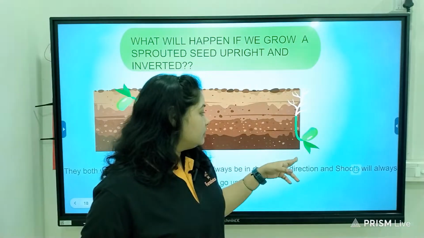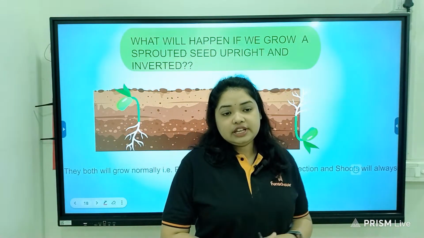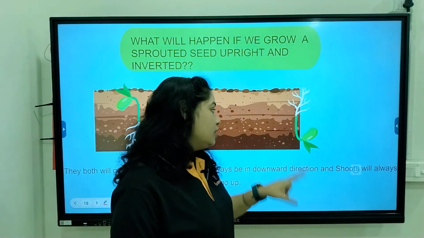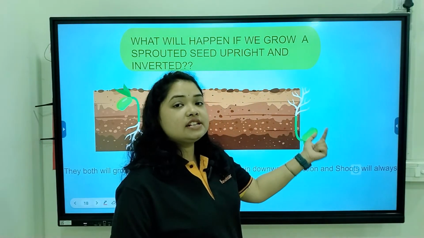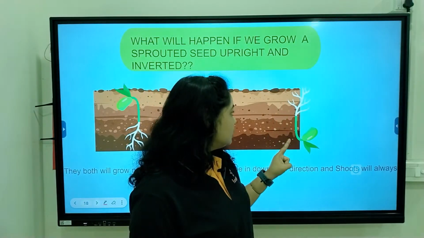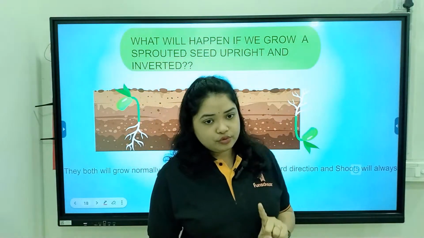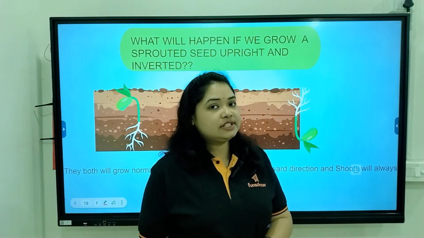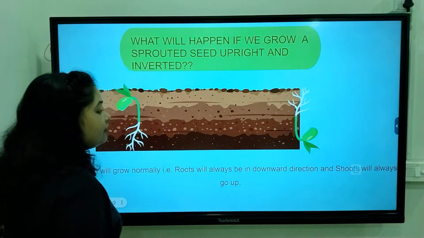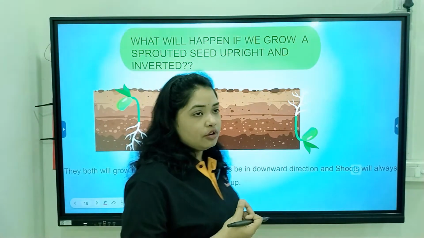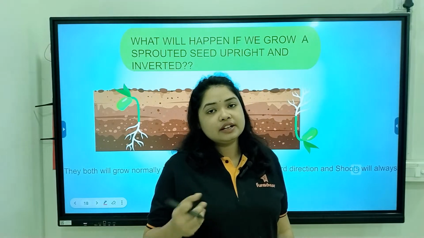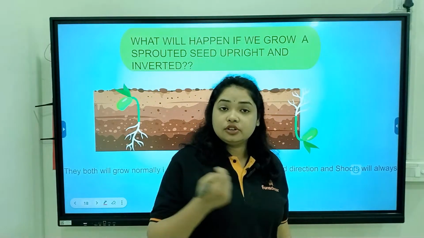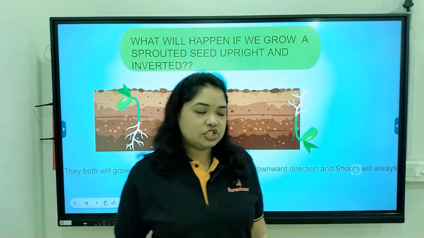Since the shoot will not grow towards gravity or towards the darkness, it will turn over and start growing upward, and on the other hand the newly formed roots will turn over and start growing downwards towards the soil. So even if you change the position of the seedling, the position in which the root and the shoot grow will not change.